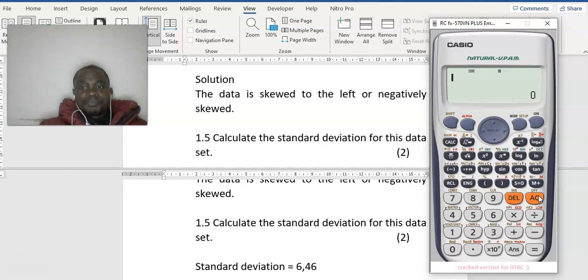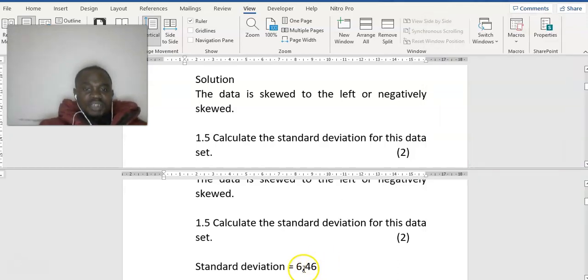Press AC, go to Shift, go to Stat, go to Variance. So our variance is what? 4. Our standard deviation is this symbol. So the standard deviation is what? 3, equals. So this gives us 6.4641. Just write 2 decimal places, unless they tell you to write more than 2 decimal places. So this is going to be 6.46.